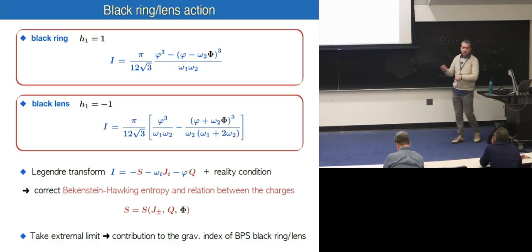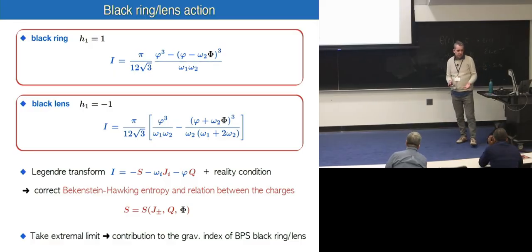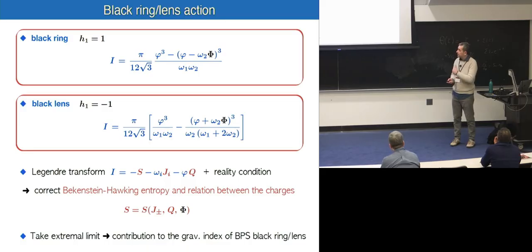And again, we can play the game of performing the Legendre transform in order to obtain the entropy as a function of the charges. And again, we find that on the nose, this matches the known expressions for the entropy of the black ring and black lenses that have been constructed explicitly in Lorentzian signature. So in this way, by this deformation, we have been able to provide chemical potentials and actions for these solutions.